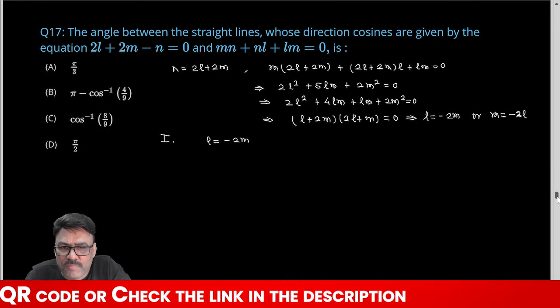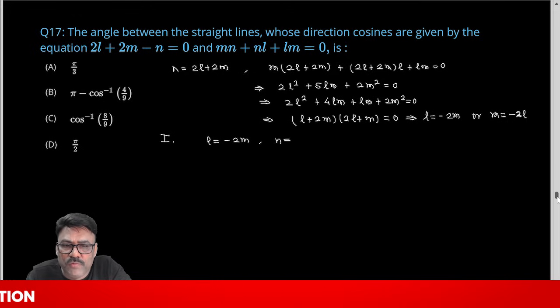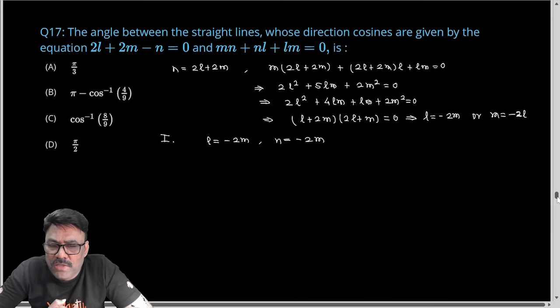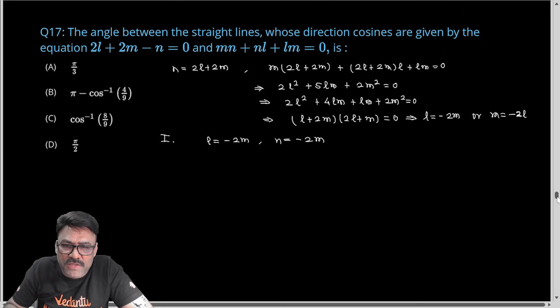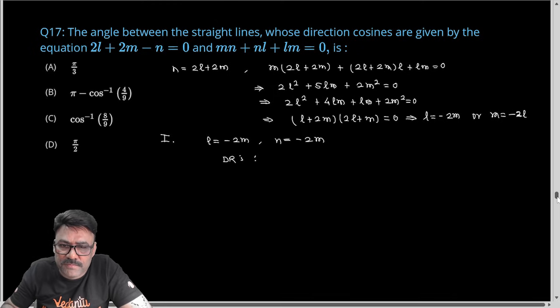So if I put L is equal to minus 2M here, so N will be 2M minus 4M, which is minus 2M again. So L is minus 2M, hence we can say that the direction ratios of this line are minus 2M, M, minus 2M.